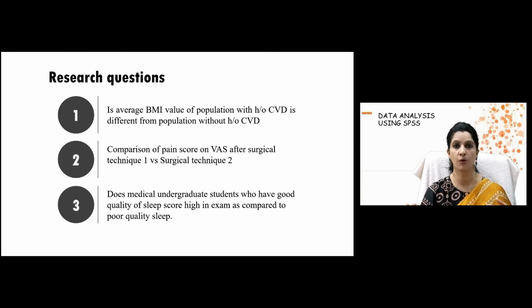Similarly, the pain score is a continuous variable, whereas surgical technique 1 and surgical technique 2 is a nominal variable. Third, mean marks is an example of continuous data, and undergraduate students who had good quality of sleep and who did not have good quality of sleep will be categorical data.